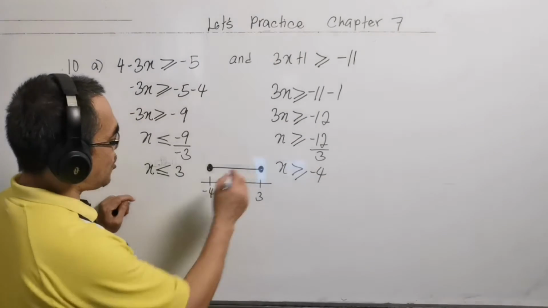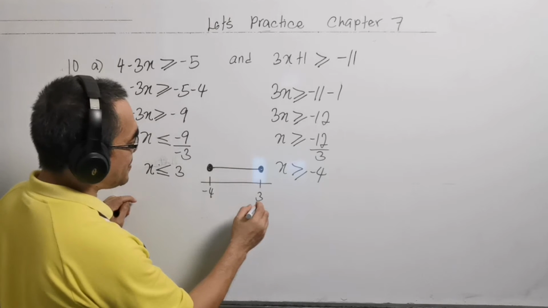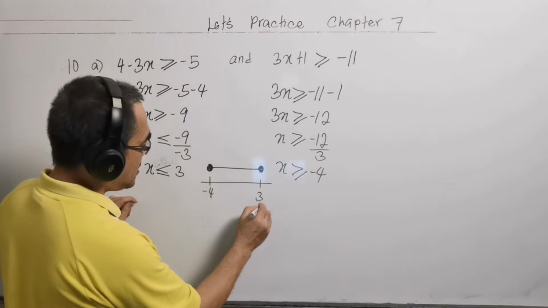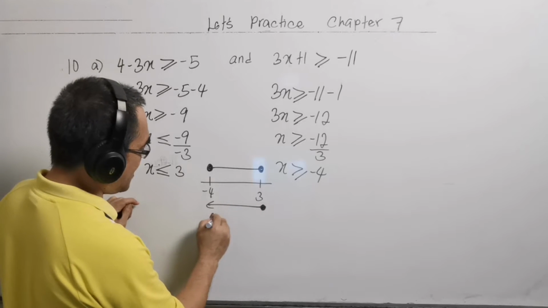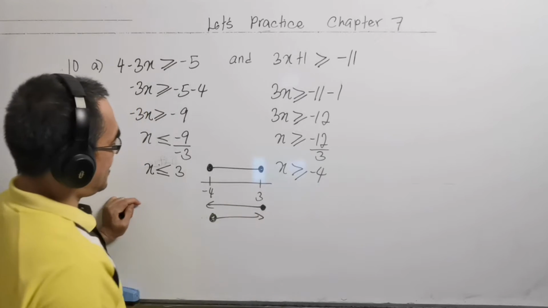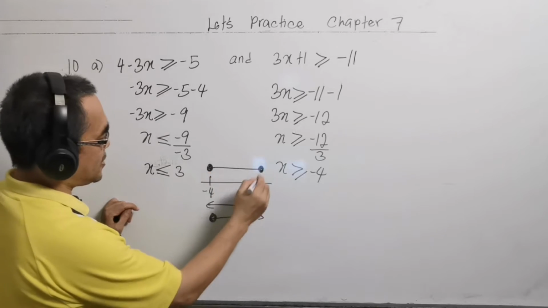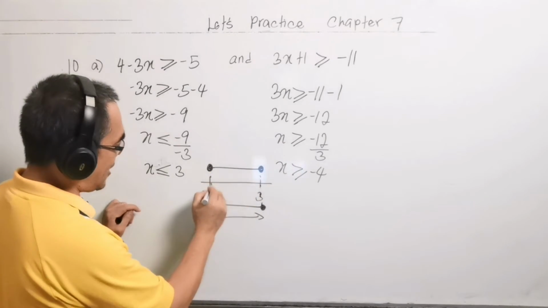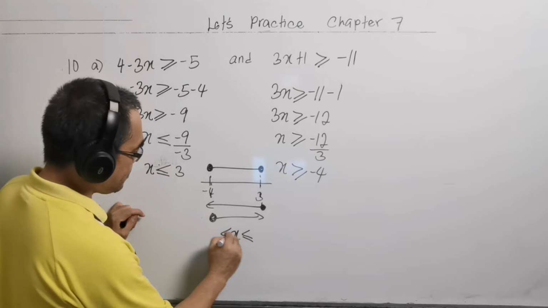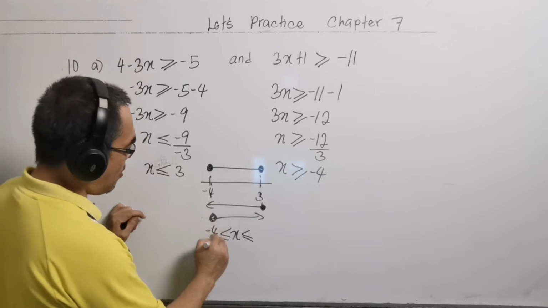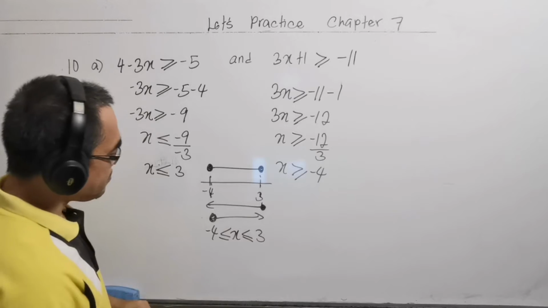So sometimes they draw like that, or sometimes they draw just a line like this, and another line from here to the other side. Okay. So including this. Blacken means including the value. So x is between negative 4 and 3.